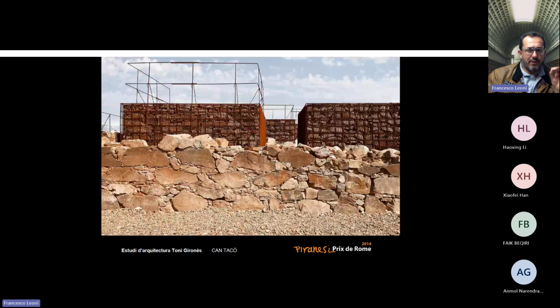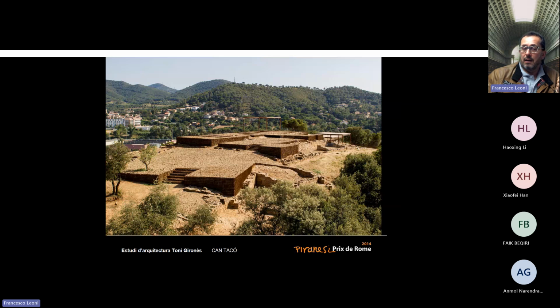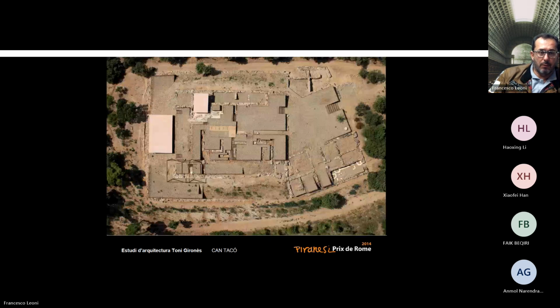This project is very fast, clear, somehow even elegant, and very cheap. But can you understand how different the place is now compared to how it was before the intervention of Toni Gironès? Look at that.